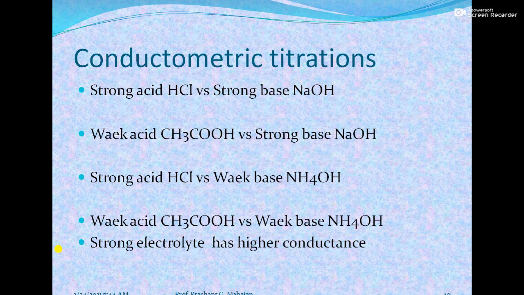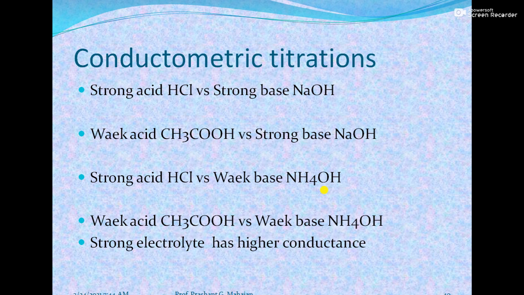That means HCl and NaOH have higher conductivity as they are strong electrolytes. HCl and NaOH dissociate fully in water, and acetic acid and NH4OH are weak electrolytes, so they dissociate partially.